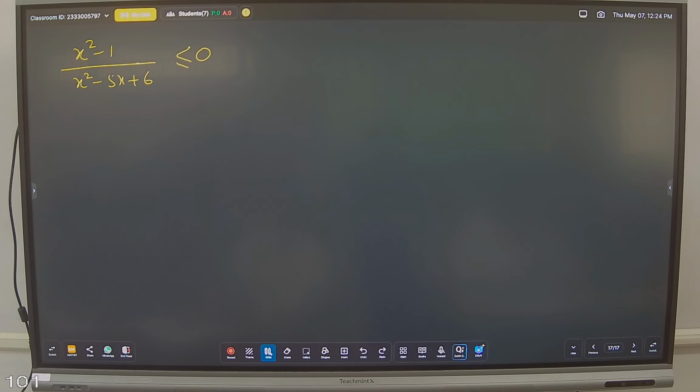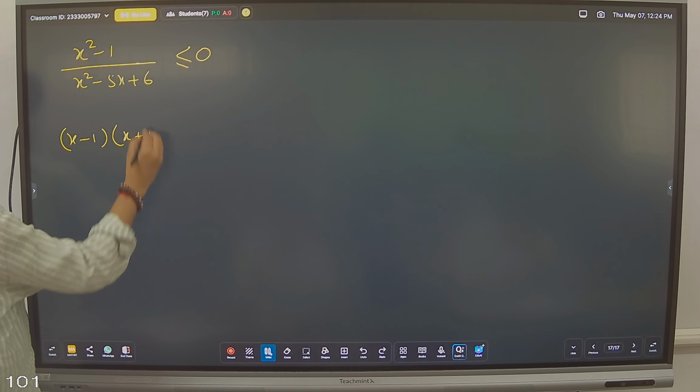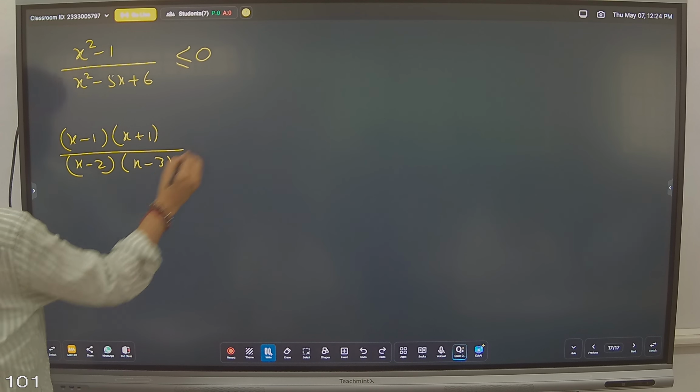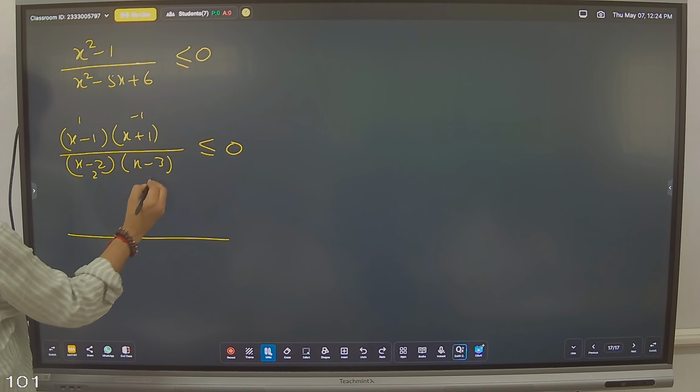The steps are the same. Break into linear factors: numerator x minus 1, x plus 1, denominator x minus 2, x minus 3, less than or equal to 0.